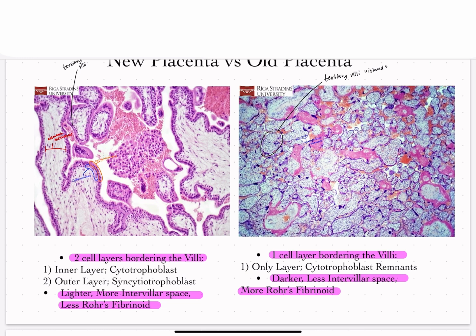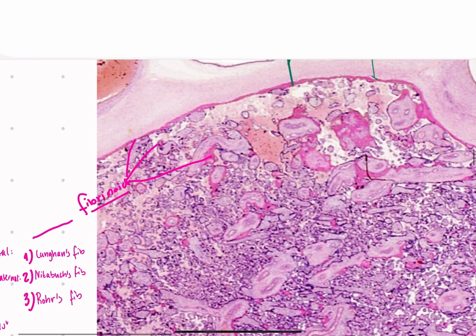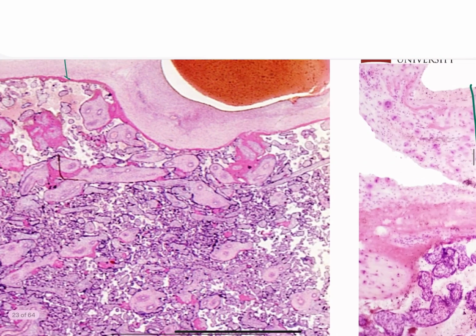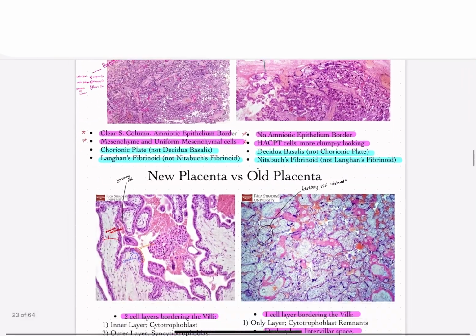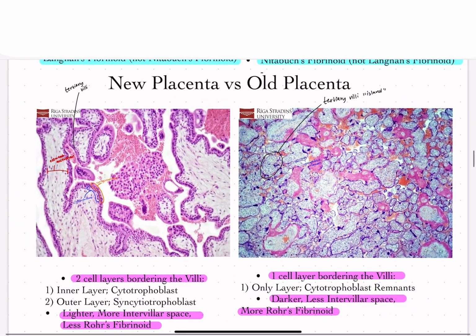Might give you a heads up, might not, might also be your downfall. But it is that in new placenta, it's generally lighter, there's more intervillar space, and there's less ros fibrinoid. What is ros fibrinoid? Like we said, ros fibrinoid is the fibrinoid that surrounds the tertiary villi, not the Langhans and not the Nitabuch's, but the one that surrounds the tertiary villi, right? And we can definitely see more of the ros fibrinoid here compared to here, where we can't really see any ros fibrinoid.